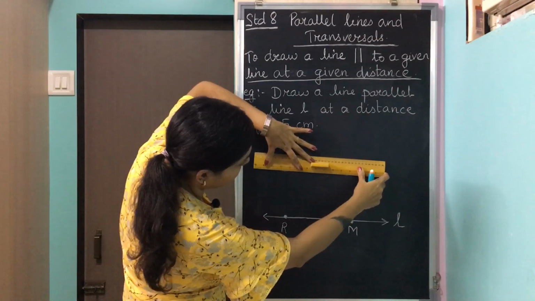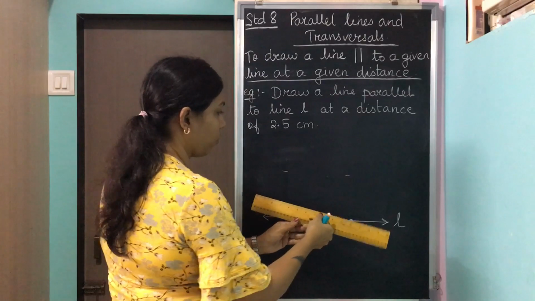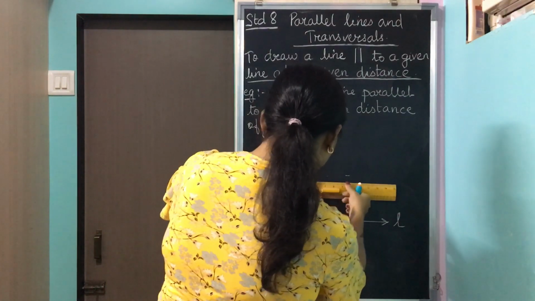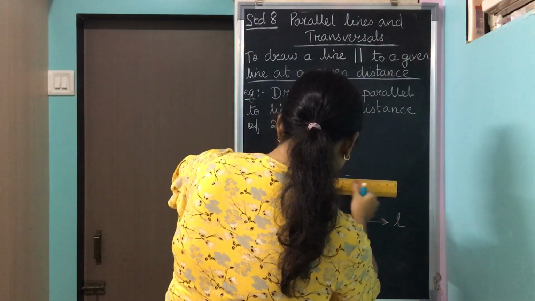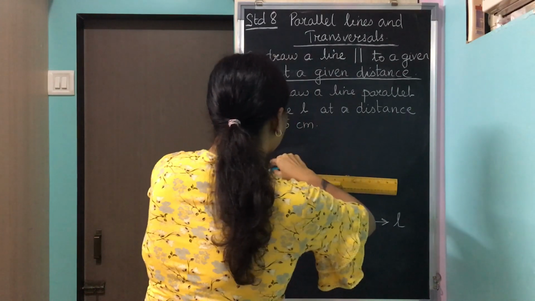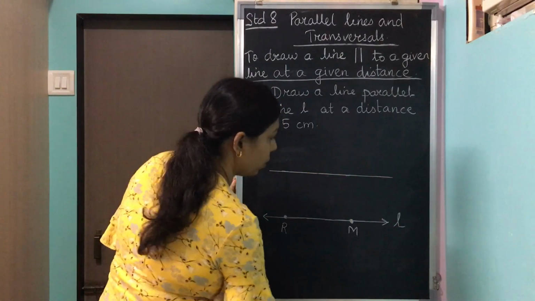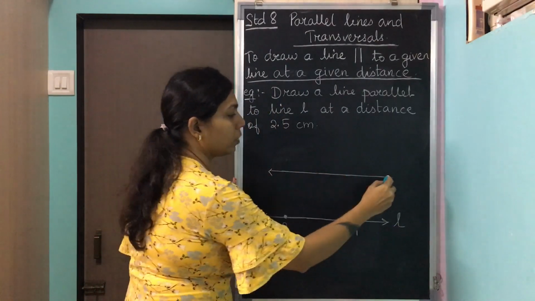And you draw your straight line. Finding it a little difficult to draw from this side, so I'll just quickly keep it here and draw it. Okay, so you have drawn this new line over here.